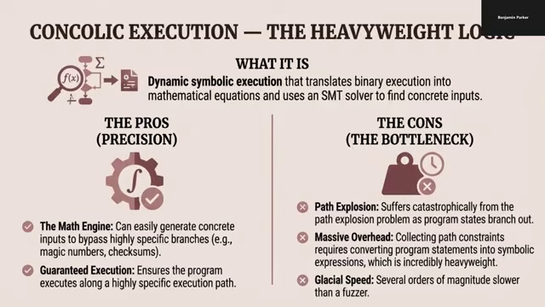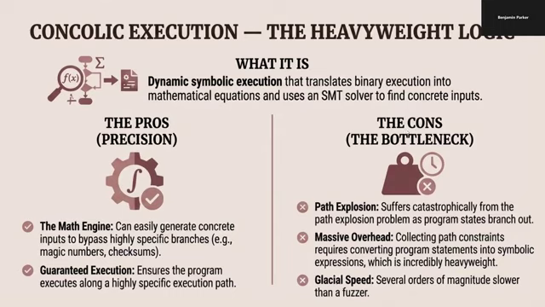Keeping track of all the mathematical constants and constraints is just very heavy. Just to give you a concrete number, in the DARPA dataset evaluated by the authors of the paper, it took a standard concolic executor an average of over 1,600 seconds just to process a single input, whereas a fuzzer could process that in a few milliseconds.